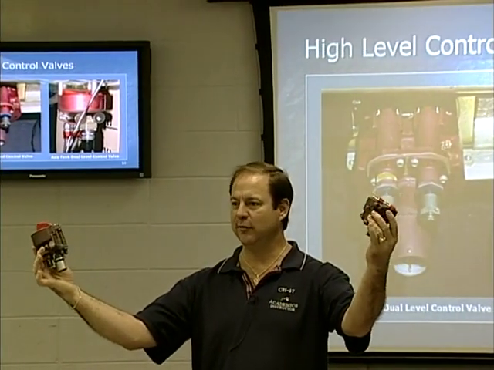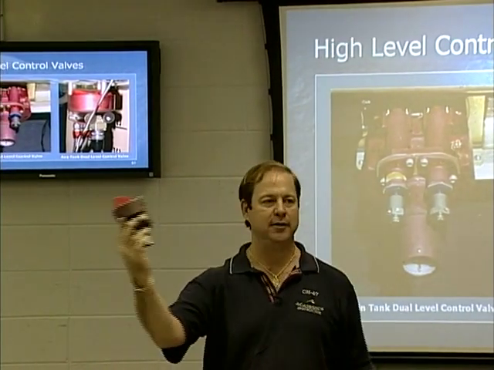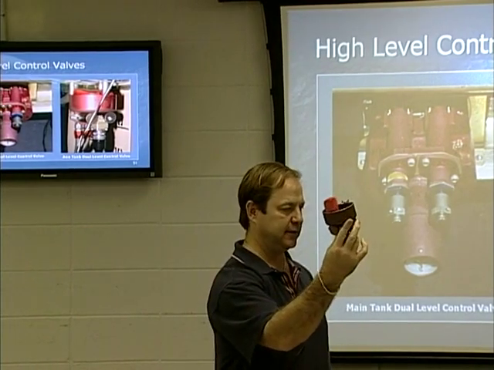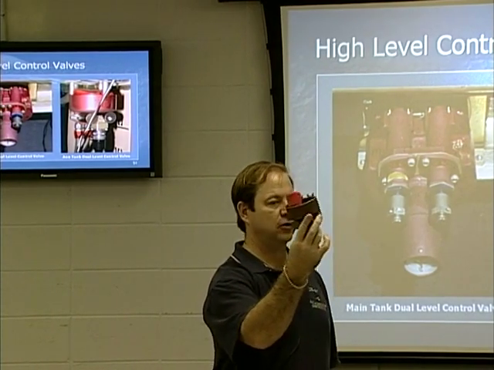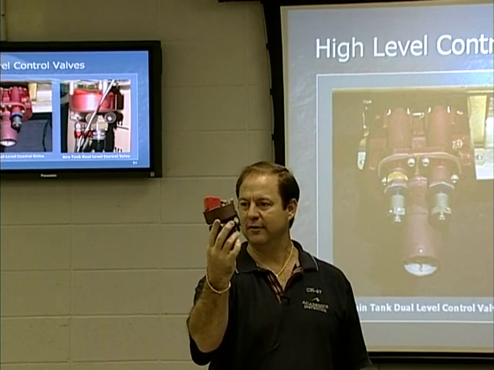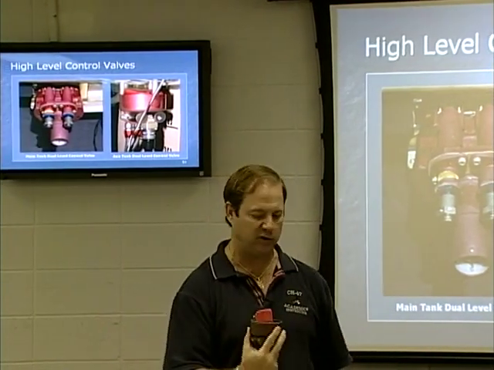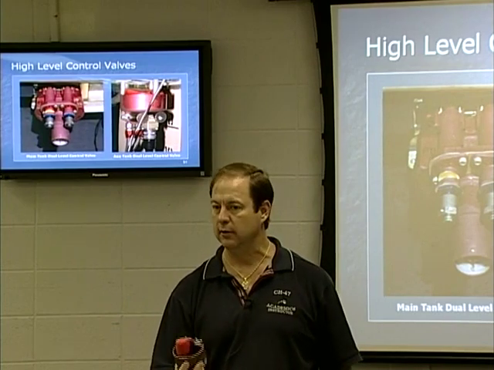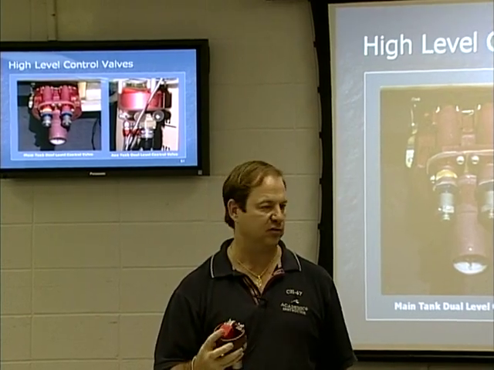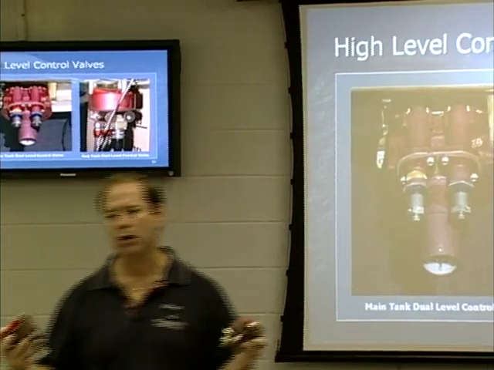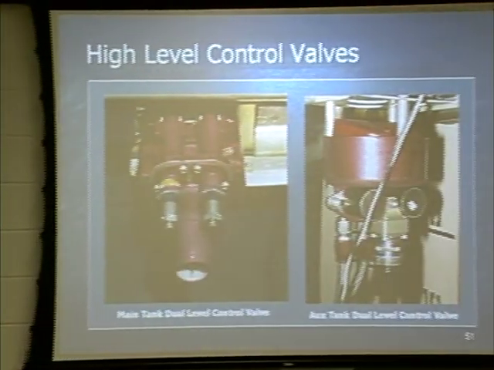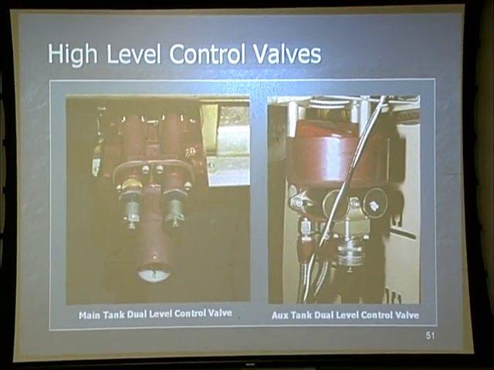So guess what? This is going to be used for the refueling process, but keep in mind, the one in the main tank is also used during what process? The transference of fuel from the aux tanks to the main tanks, which was nothing more than what? A refueling process. So it's going to use all the same pieces and parts. And again, you notice I'm not passing these around yet.